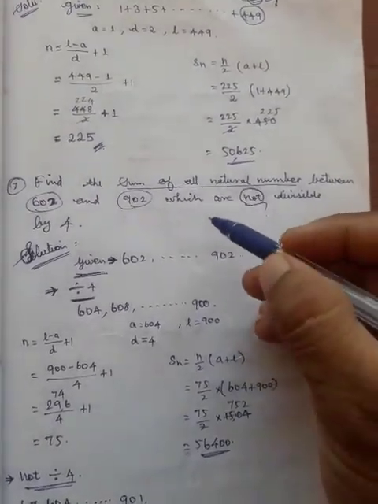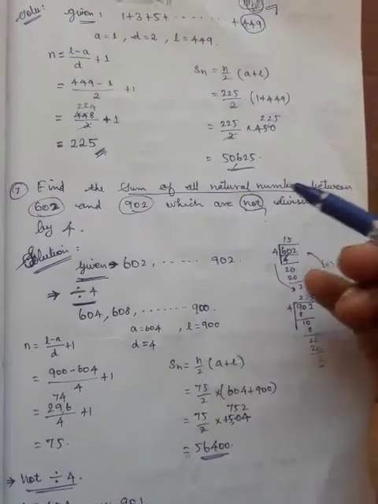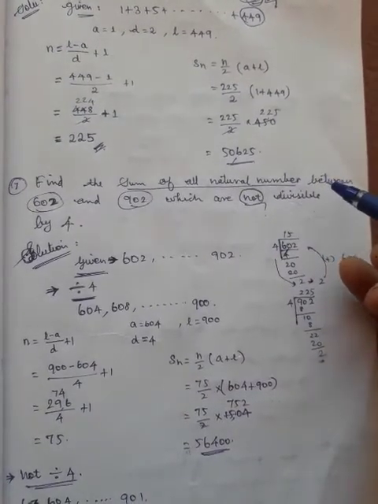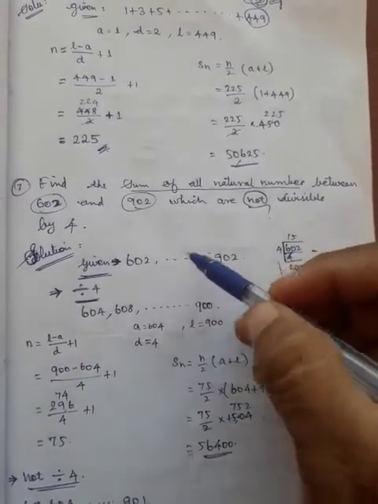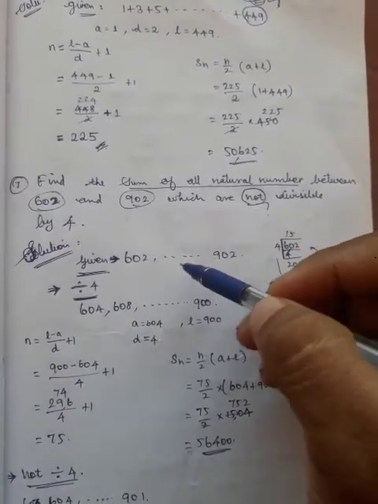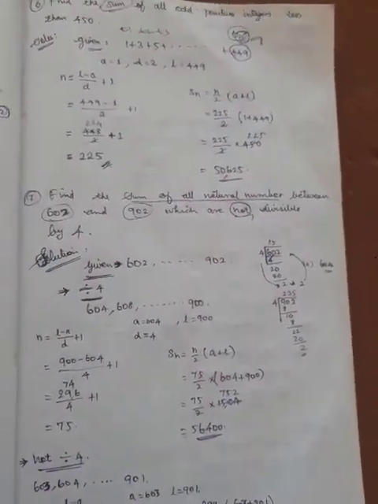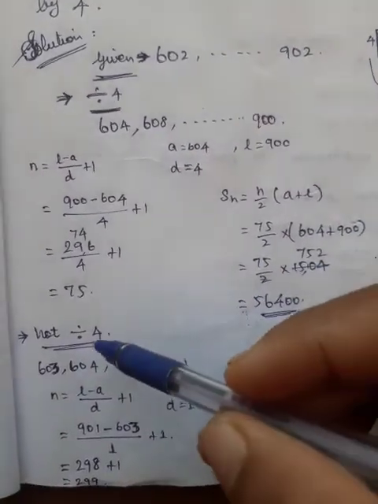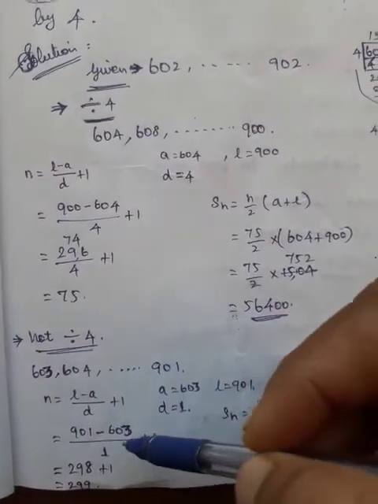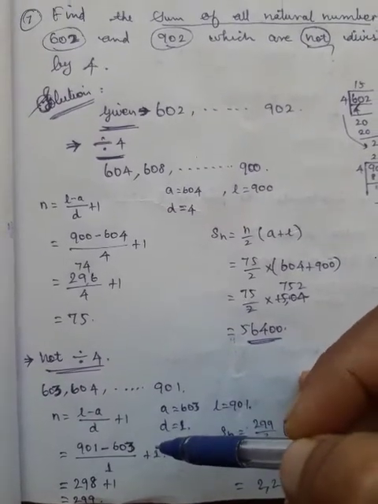So first see the given numbers, 602 and 902. In between, we first find the divisible by 4 values, then the not divisible by 4 values.